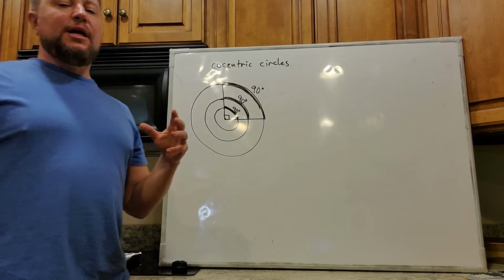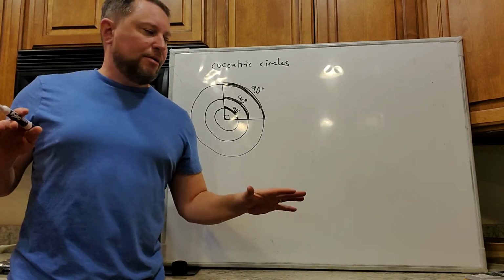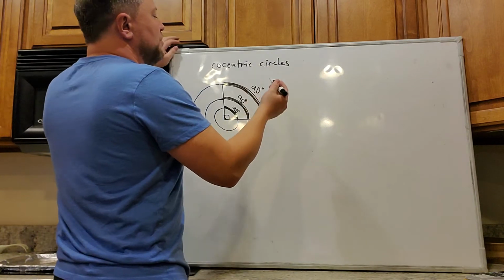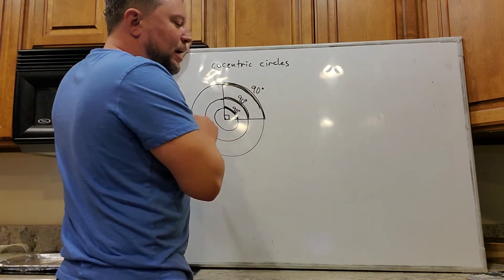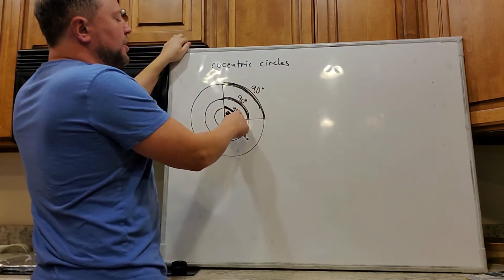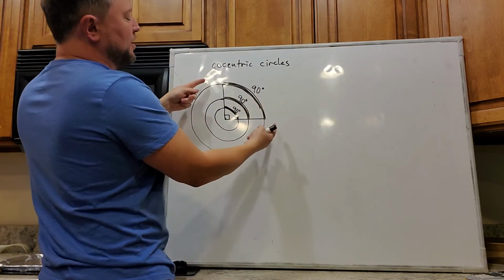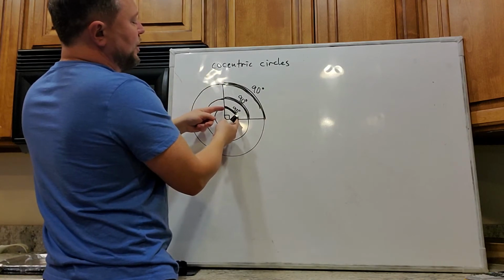But I hope you understand then that the arcs are not congruent. We would not say they're congruent. In fact, in order to be congruent arcs, they would have to have not just the same measure, 90 degrees, but they actually would have to have the same length. You can see this one's longer than, say, this shorter one in here.